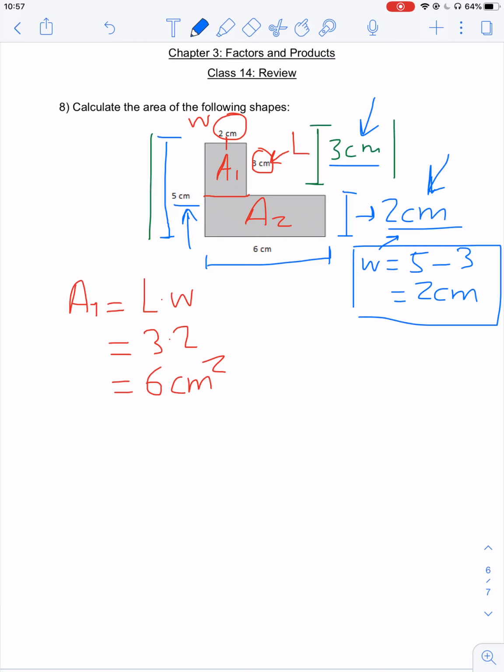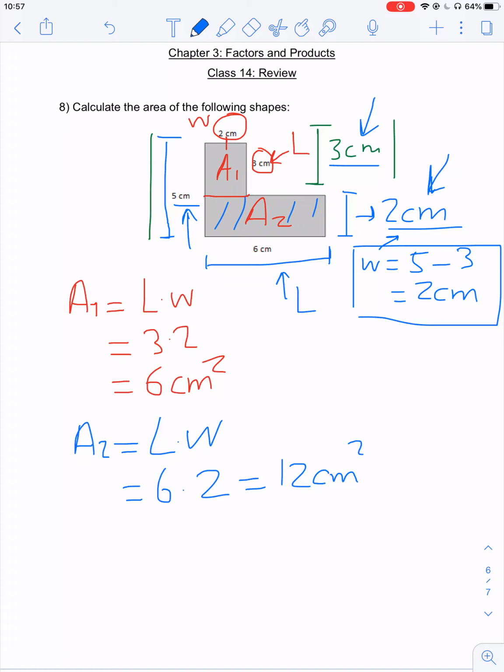Now that you have your length and your width, you can calculate the area of this shape over here. Let's just call that A2. A2 is equal to length times width. The length is 6. The width is 2. So this works out to be 12 centimeters squared.